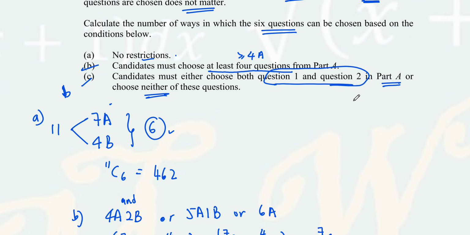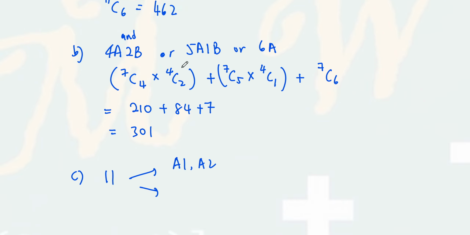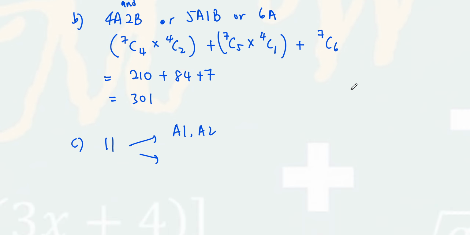Right? It's mentioned here. That means I will draw my diagram in this form. The 11 is split into A1 and A2, then another 9 others. These 9 others are the remaining questions from part A and also all the other questions from part B.